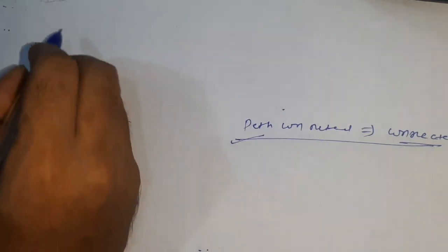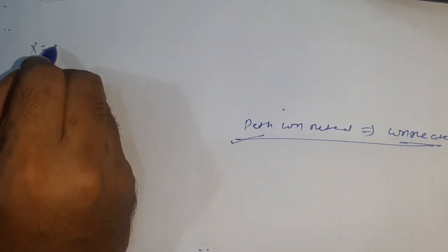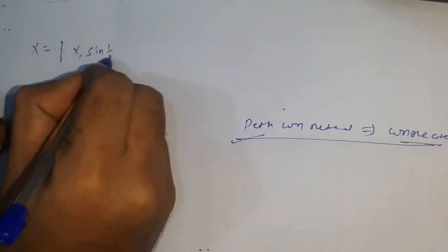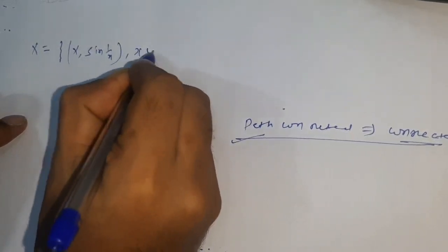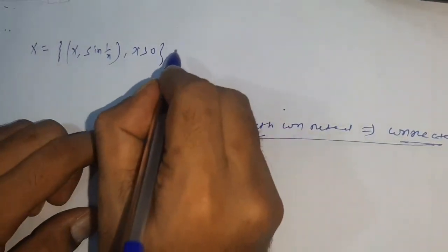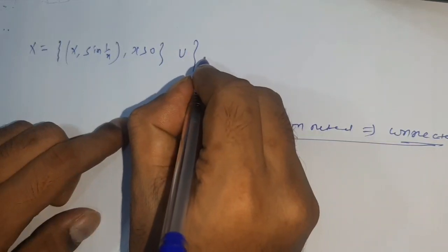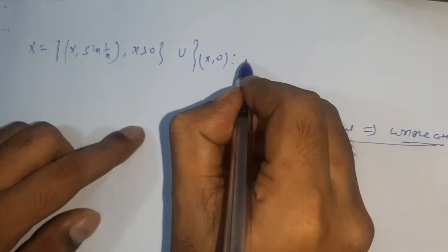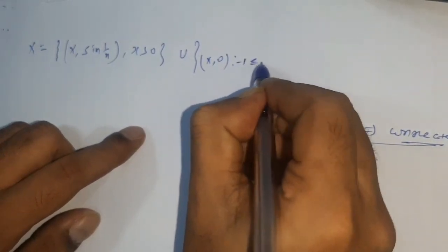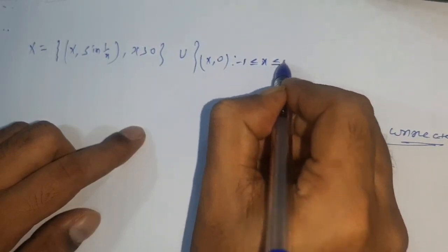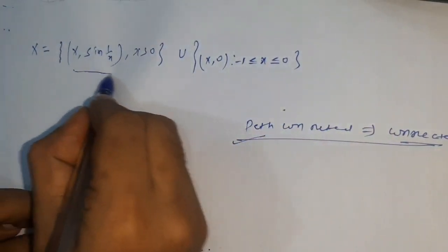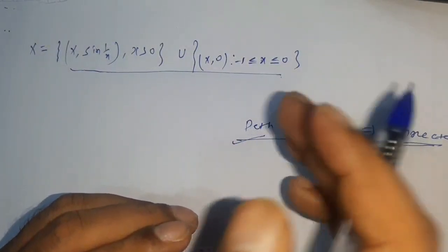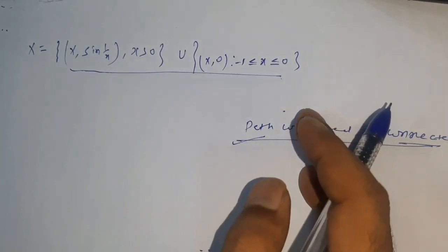It is given by: (x, sin(1/x)) where x belongs to positive real numbers, union (0, y) such that y belongs to -1 ≤ y ≤ 0. This is the topologist's sine curve, which is a counter example for a connected set not necessarily being path connected.